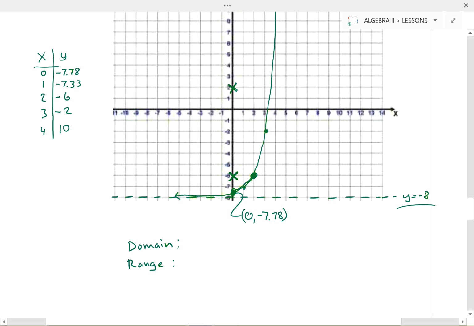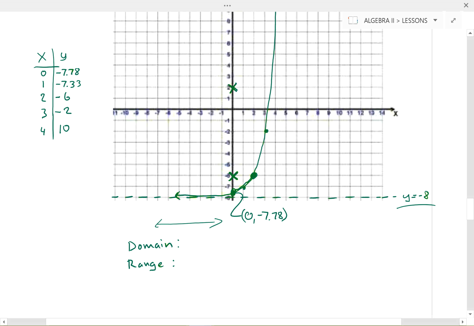Now this is unique because domain is how much we use up left to right. Where is our function confined left to right? Now I've got arrows on both sides of my equation, which indicate that our equation actually goes on forever and ever in both the negative x and positive x direction, meaning there is no boundary. There's no value of x that my function is always greater than or always less than.